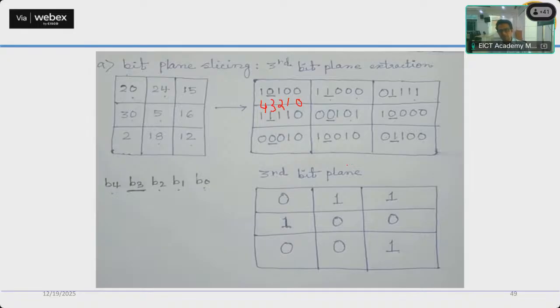Can you tell me which bit plane will be the best one to see the approximate image, like the original image? Are you able to recall bit plane slicing?